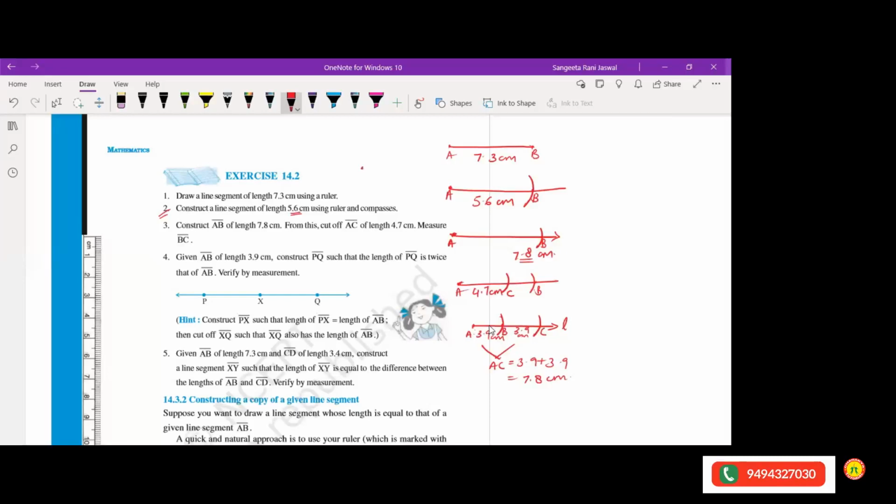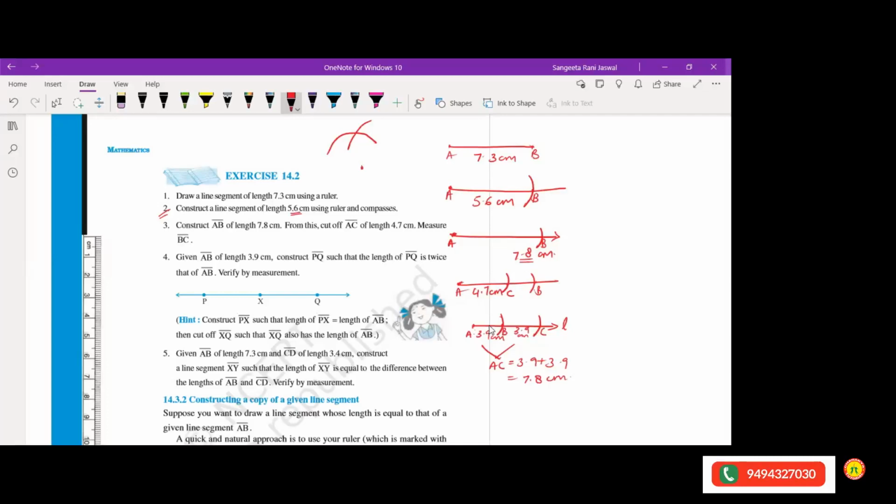If you keep the compass needle here and make an arc, can you get any point here? You cannot, until you have another arc or line cutting it. You need something else to cut here. So we make a random long line, and on that we make an arc so that we get a fixed point. And when we double this, we get another one, and hence we get twice this line.